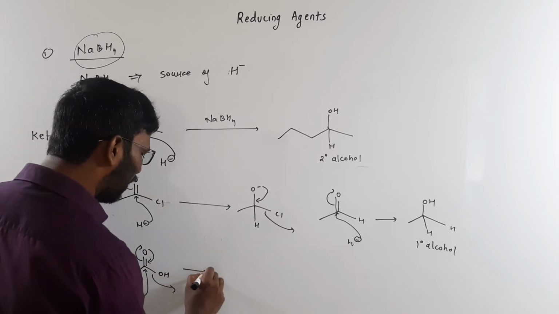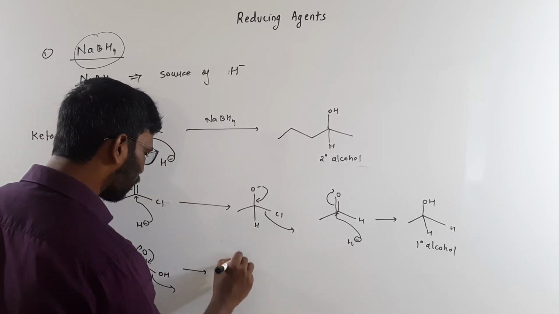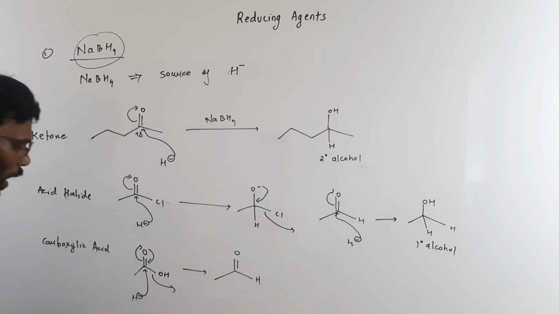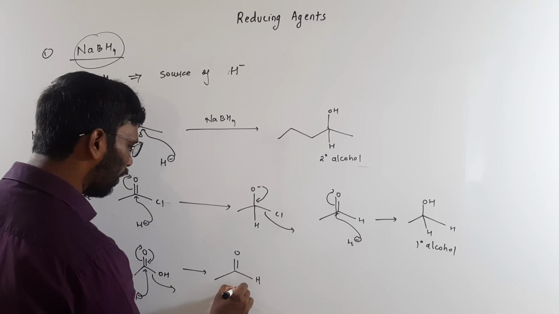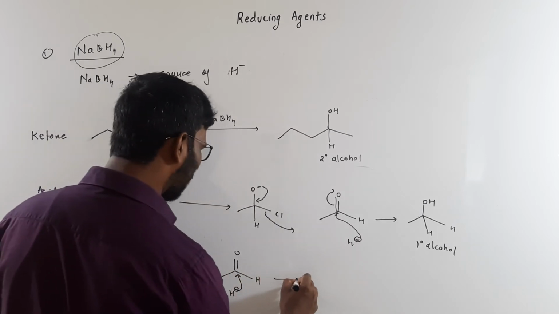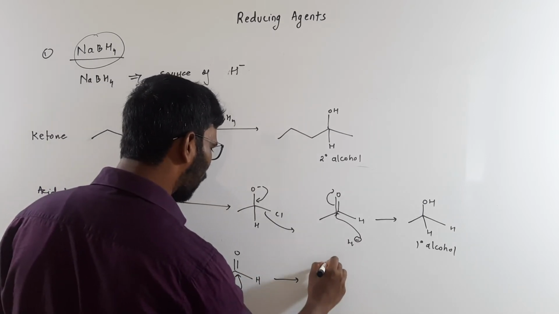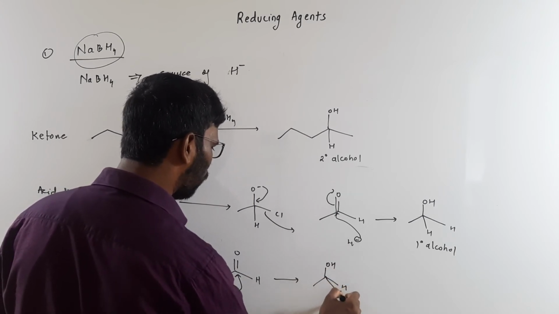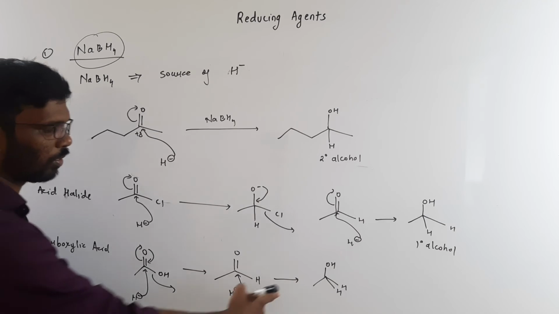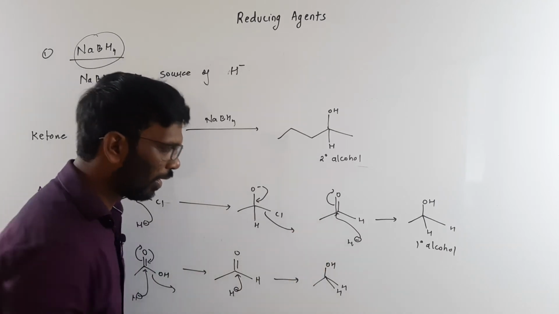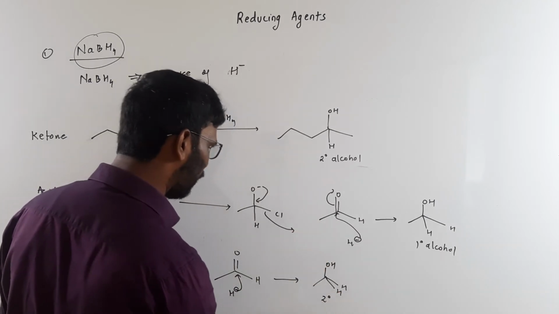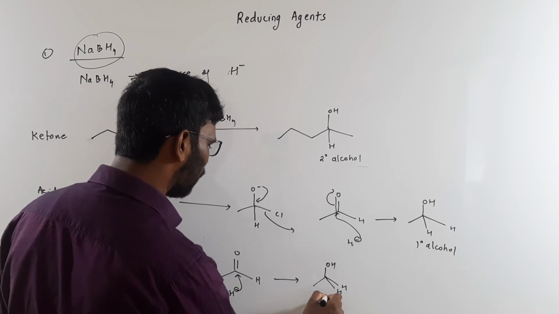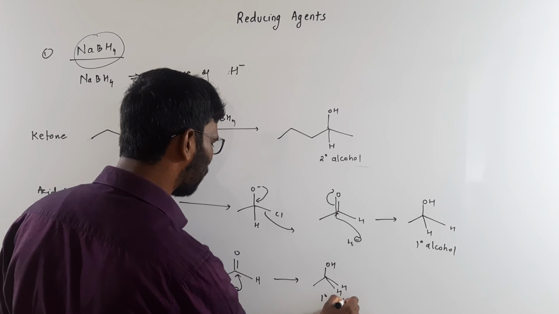So there is a formation of the aldehyde. If I further reduce this, then I will get the alcohol. This is CH3 CH2 OH, a primary alcohol.